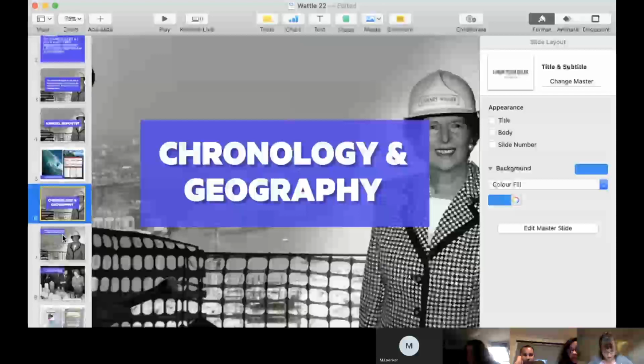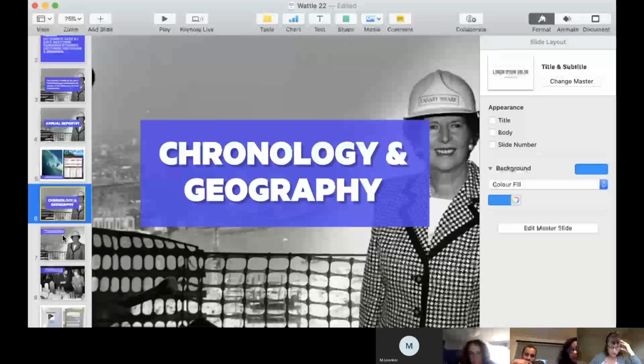Now for a bit of context regarding my chronology and geography. So I'm looking in Britain between 1980 and the year 2000, a period of significant growth in both the number of annual reports being produced and in the number of businesses using external design companies to produce their reports.